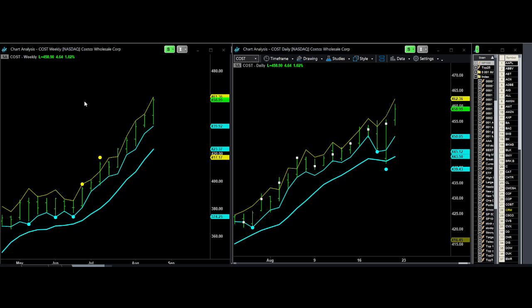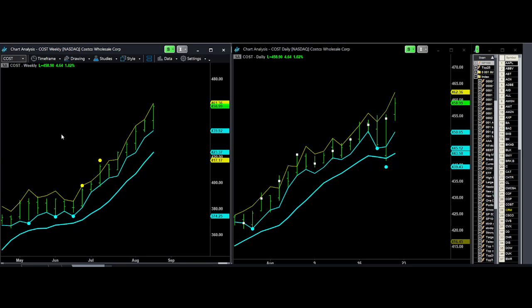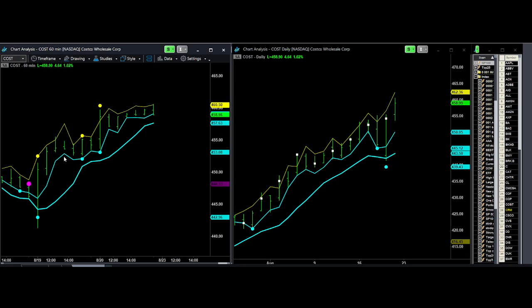If I change it to 60 minutes data, the real-time data, this vertical line is today's data, and this vertical line is yesterday's data. Each vertical line in this 60 minutes chart is basically a 60 minute stock fluctuation.